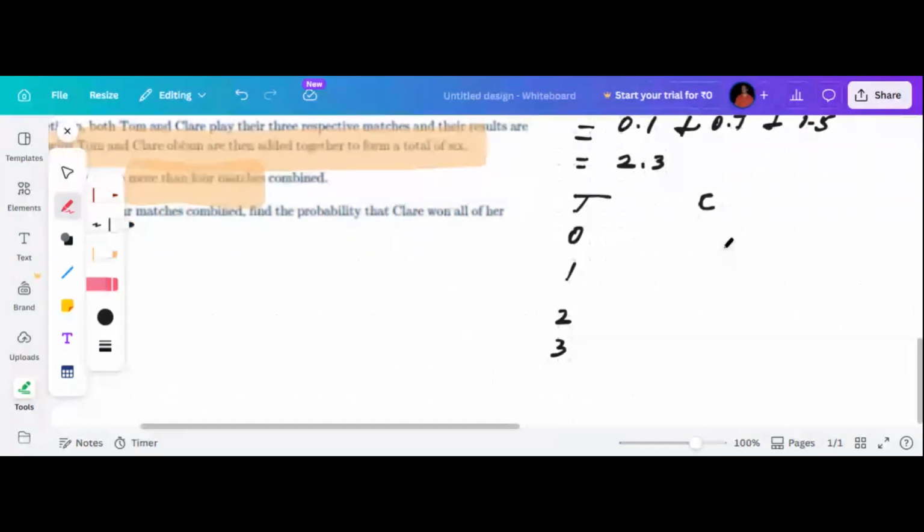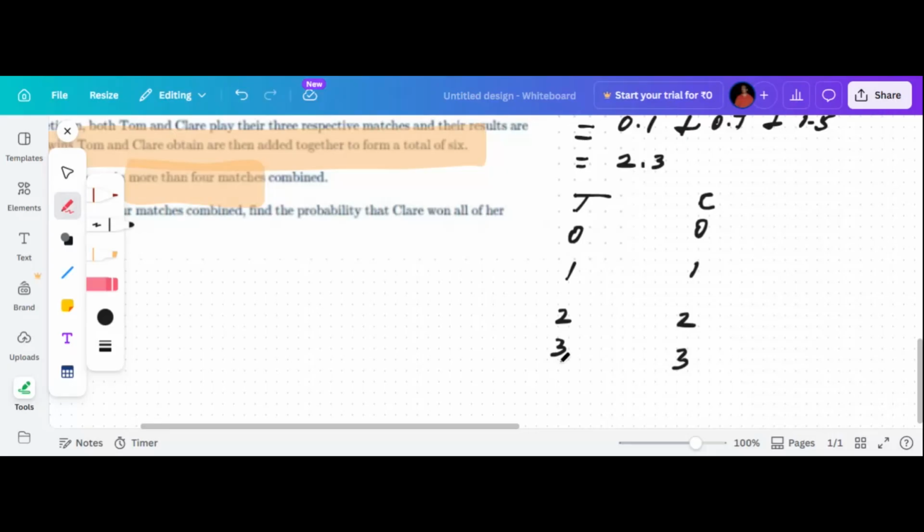Again, Clara can win 0, 1, 2, or 3. And the results are independent. We want a total greater than 4.